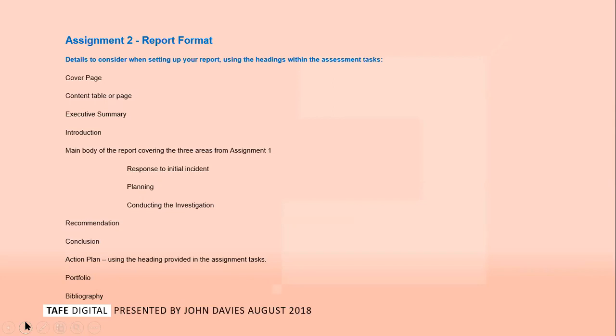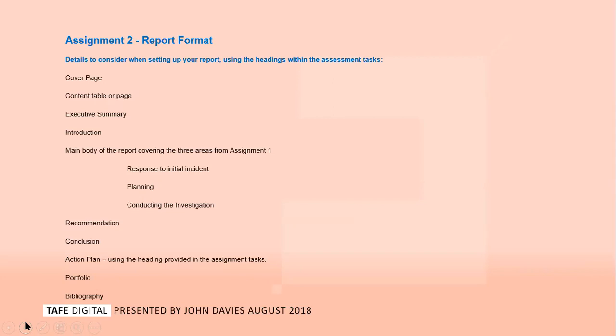The executive summary should include a brief description of the report content, aims, objectives, findings, a list of any limitations or barriers experienced, a brief list of recommendations with reference to the attached action plan, and WHS references, and of course your conclusion.